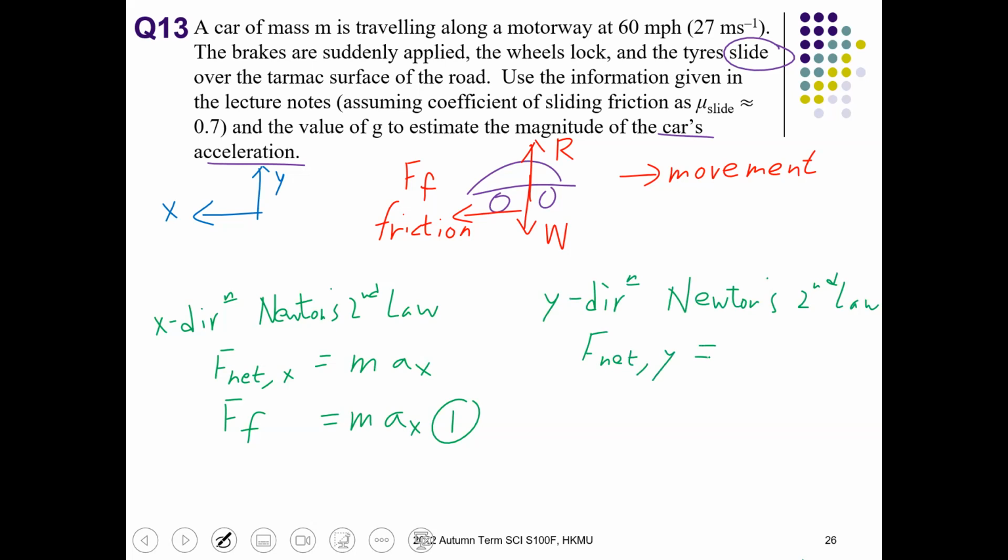So again, the net force in the y direction equals the product of mass times acceleration in the y direction. The net force is contributed by two forces, the normal reaction R and the weight W. Since we define vertically upward as positive, the net force is R minus W.